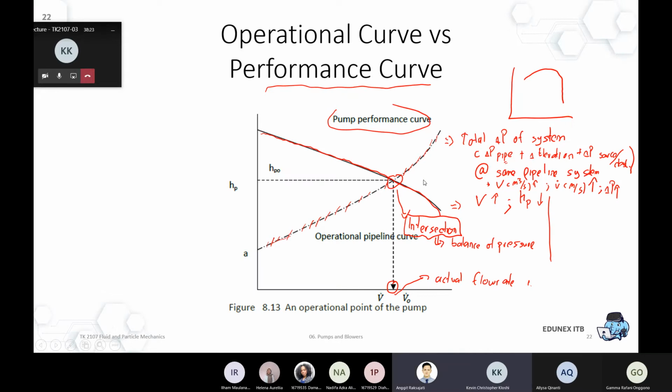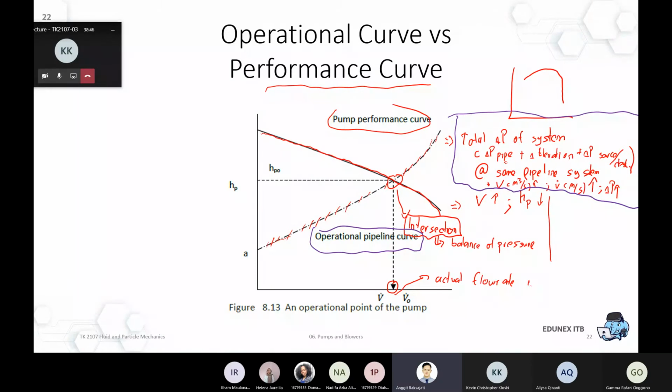Again, the operational pipeline curve, it's the same thing as the previous slide. It tells you about the total delta P of the system. That means the pressure drop in the pipeline, pressure drop in the fitting, delta elevation, and the difference between source and destination point.